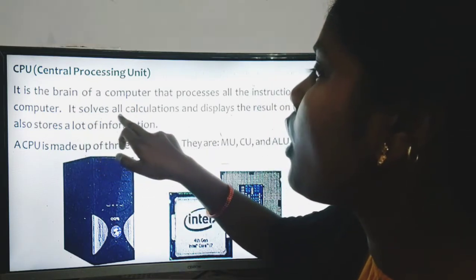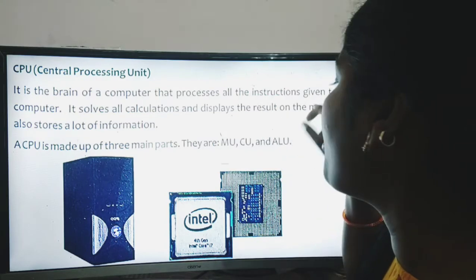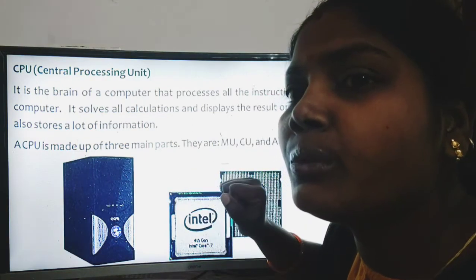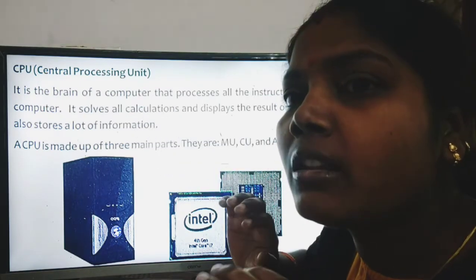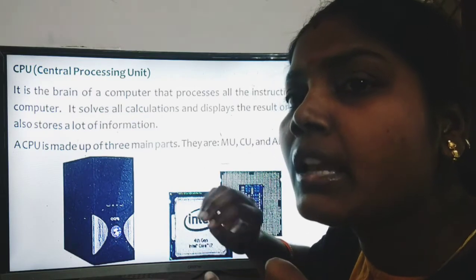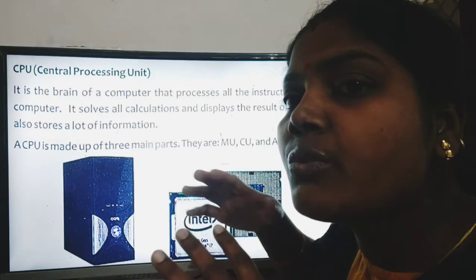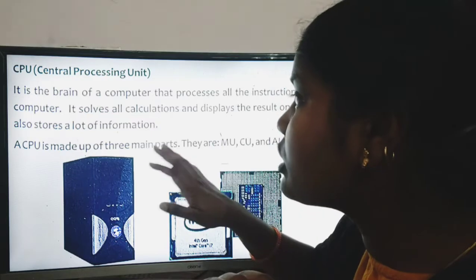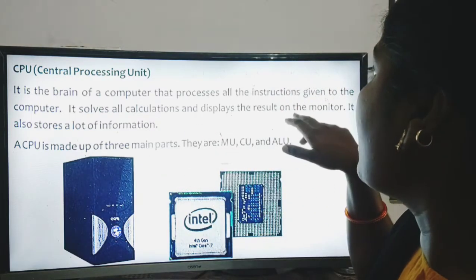It solves all calculations and displays the result on the monitor. Whatever we do in a computer, it solves all the calculations, adding numbers, multiplying numbers and dividing numbers.